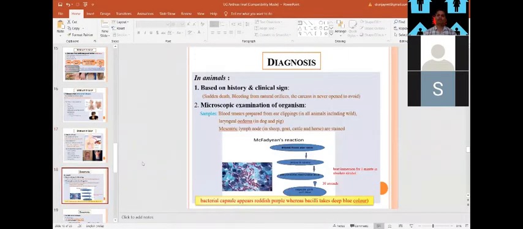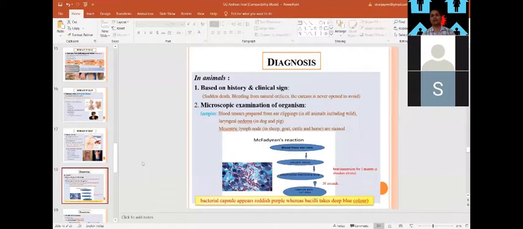Now diagnosis. Most of this you may know from your studies in the microbiology department, but we can recall it here. Diagnosis of anthrax in animals may be based on history or clinical signs: a history of sudden death, bleeding from the natural orifices of the carcass. But one thing we have to take care of: the carcass of an animal infected with anthrax should never be opened.